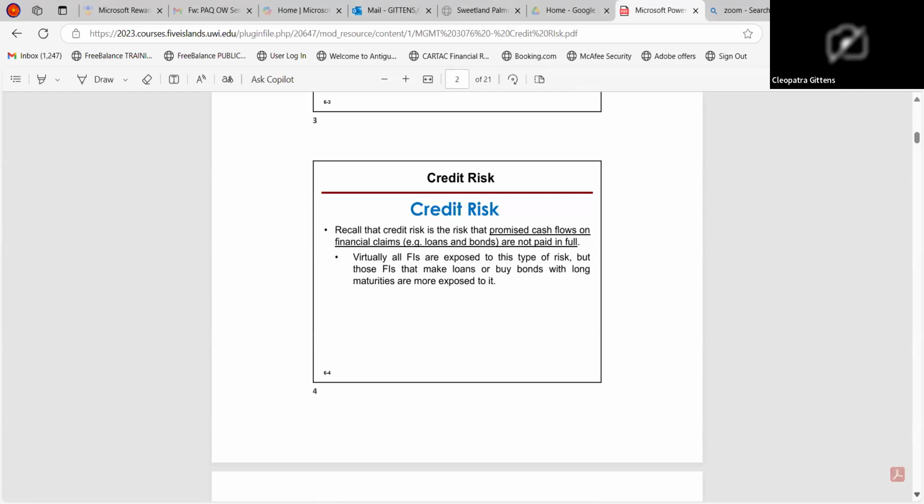There are other institutions like investment banks, insurance companies, mutual funds, all of those. Financial institutions also invest in bonds, and so they are exposed to credit risk when they don't get the cash flows from these bonds.